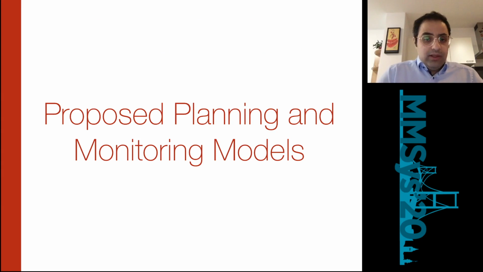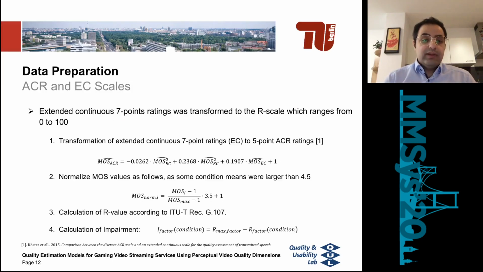So in terms of the proposed planning and monitoring models, we first start with data preparation. As I explained before, we used an extended continuous 7-point scale, so we decided to transform that back to the ACR scale to be in line with other works, using the equation you can see here. You can also see the paper for how we did that.